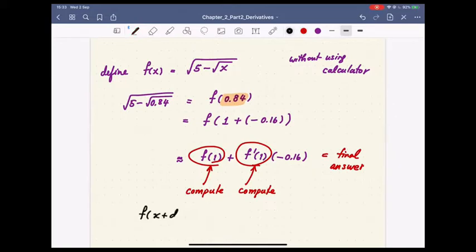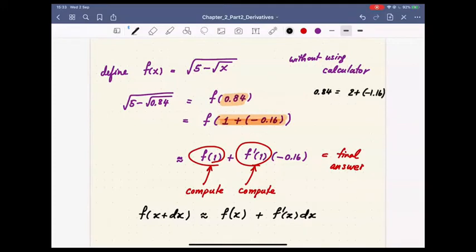The key point is the approximation equation, f of x plus f prime x dx. When you split 0.84 into 1 plus negative 0.16, you have to be smart and split it into a number that is easy to calculate. Some student is going to ask me, Ajahn, can I split 0.84 into 2 plus negative 1.16?